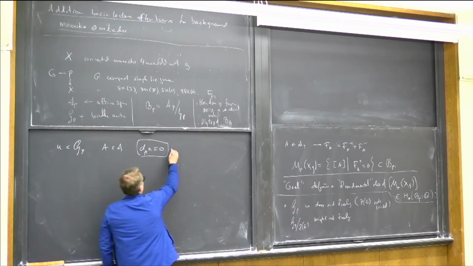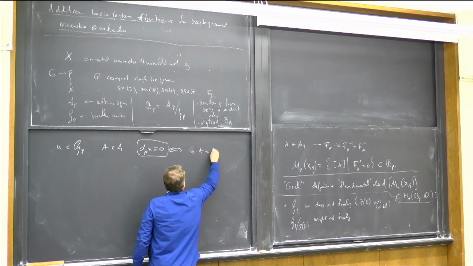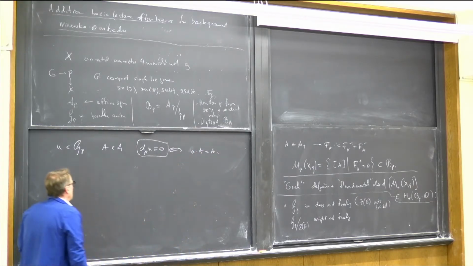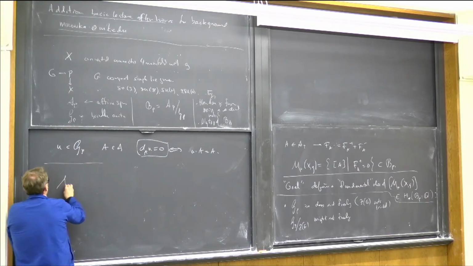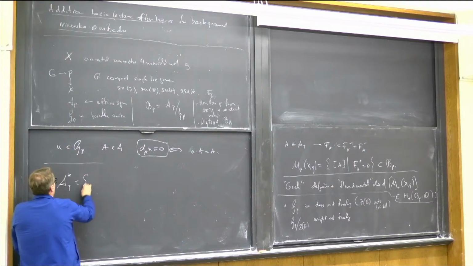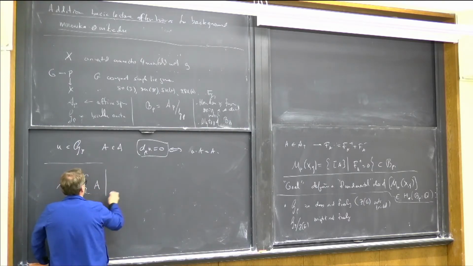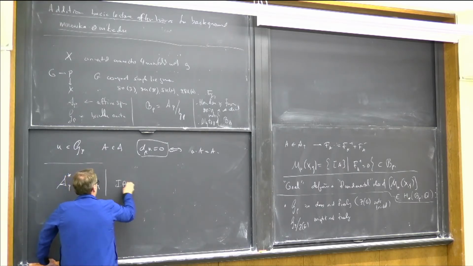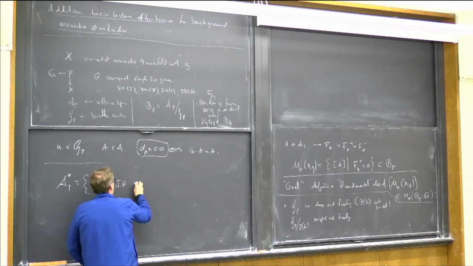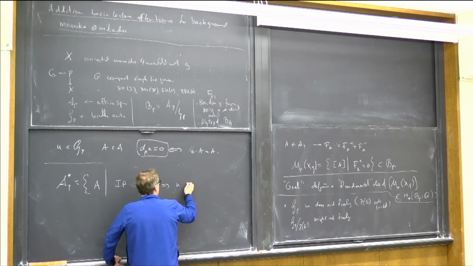That's if and only if u dot A is A. And let A_P star be the set of connections such that if d_A of u equals 0, then that implies that u comes from the center.